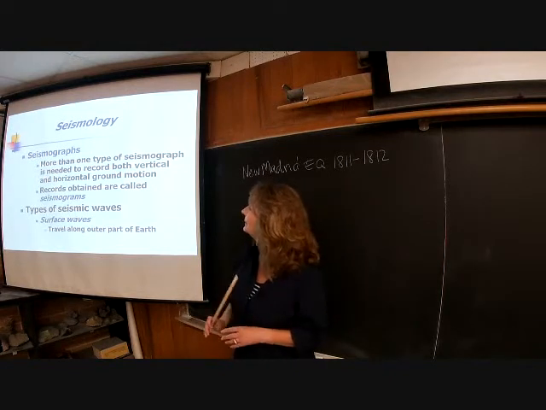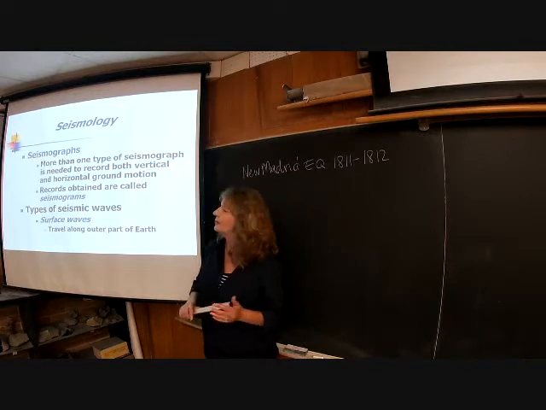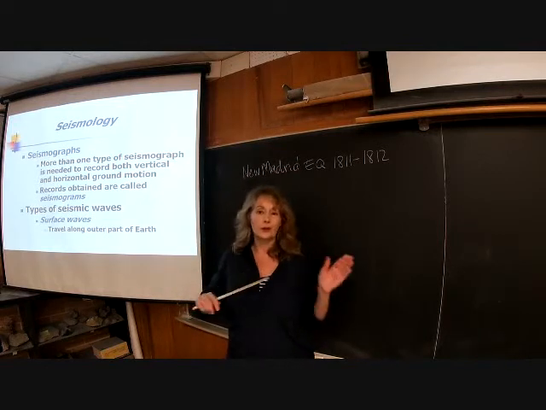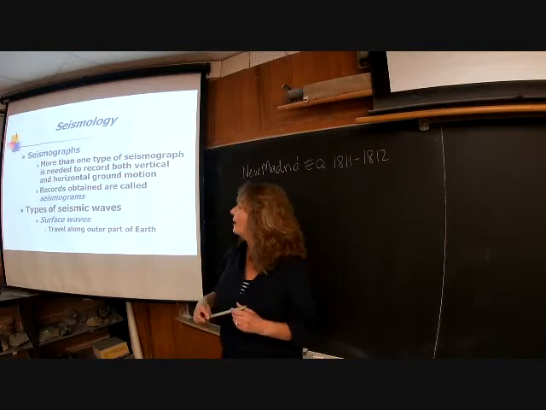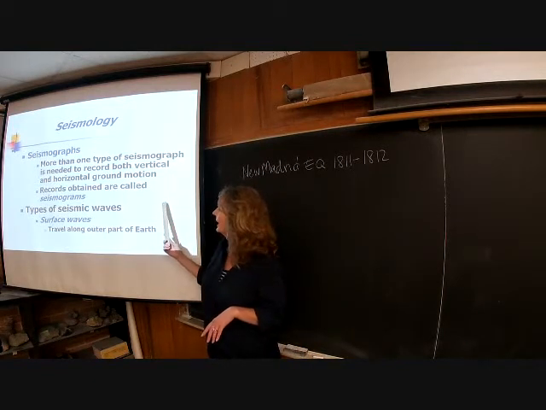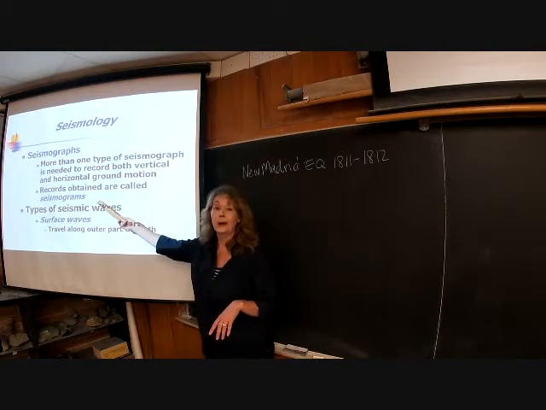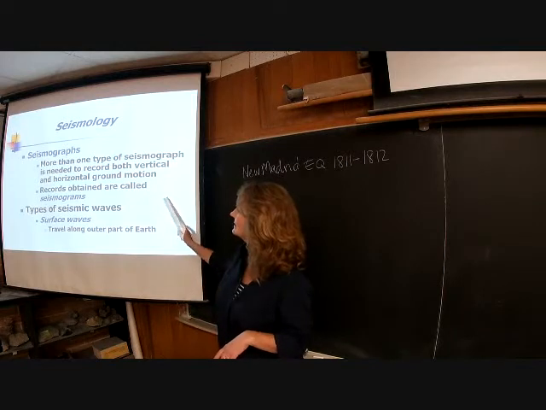But more than one type of seismograph is needed to record both the vertical and the horizontal. So if you got shaking this way, horizontal, and you got shaking this way, the vertical motion as well. So all manners of motion there. But these are the seismograms. So that piece of paper with the amplitudes on it, the seismogram.